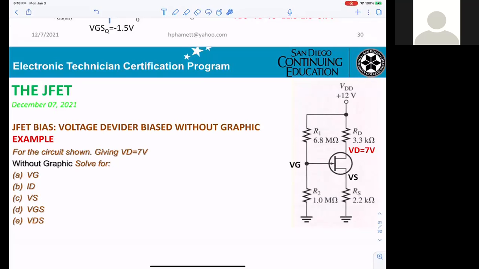Ohm's law. V equals IR. They're telling me the formula: VDD minus IDRD.